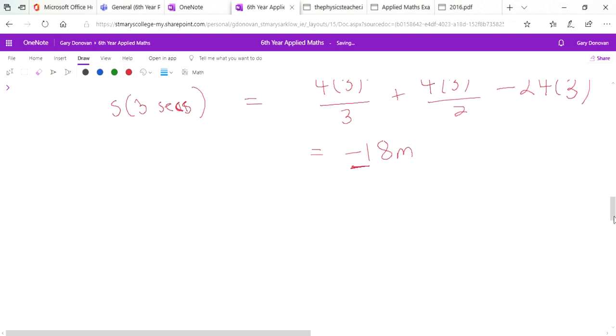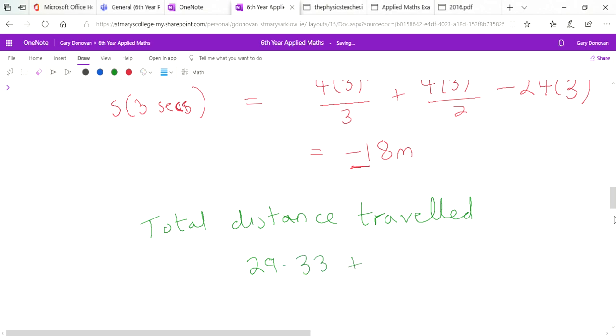So our answer then, total distance traveled, is 29.33 plus 29.33 minus 18, which gives us a total of 40.66 meters.